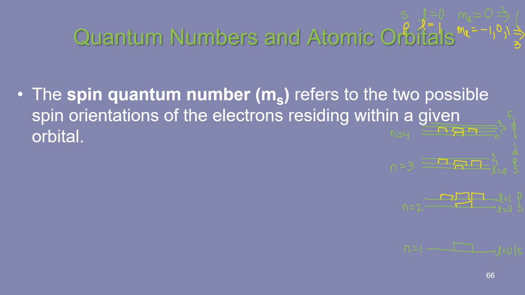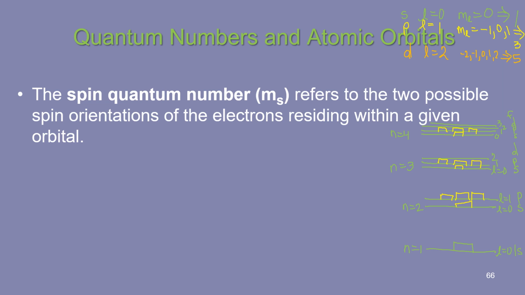And then let's go ahead and do the d. So for d, L equals 2. Remember, that means M sub L could be -2, -1, 0, 1, and 2, which implies that there are 5 orbitals. Now, there's no D subshell on the second shell, and no P's on the first.